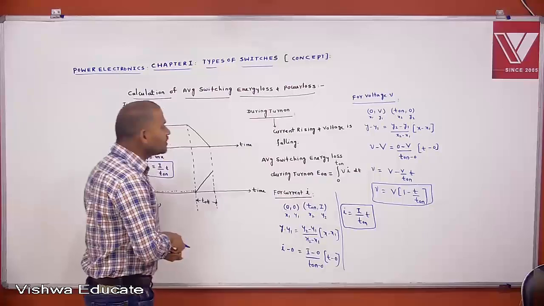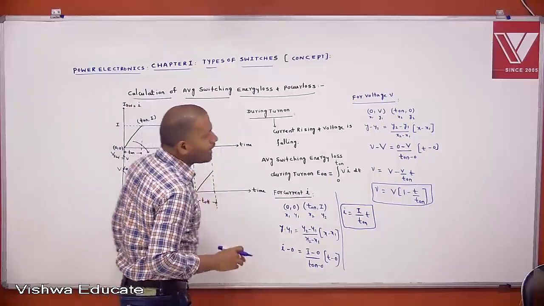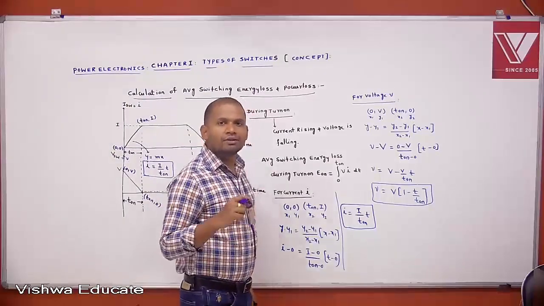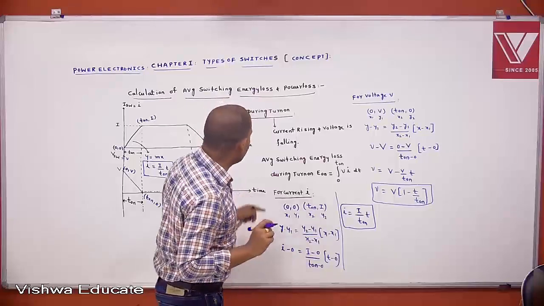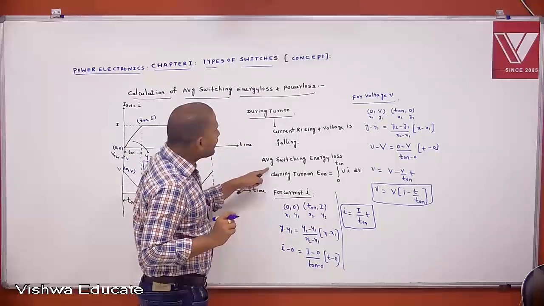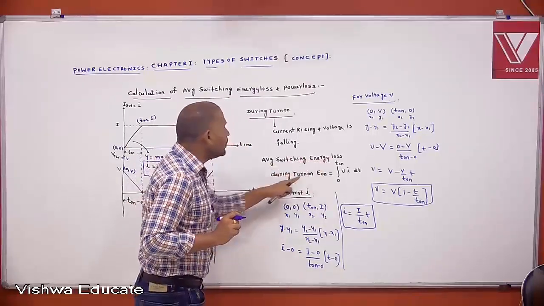Once you know the expressions for V and I, I want to calculate the average switching energy loss during turn on.